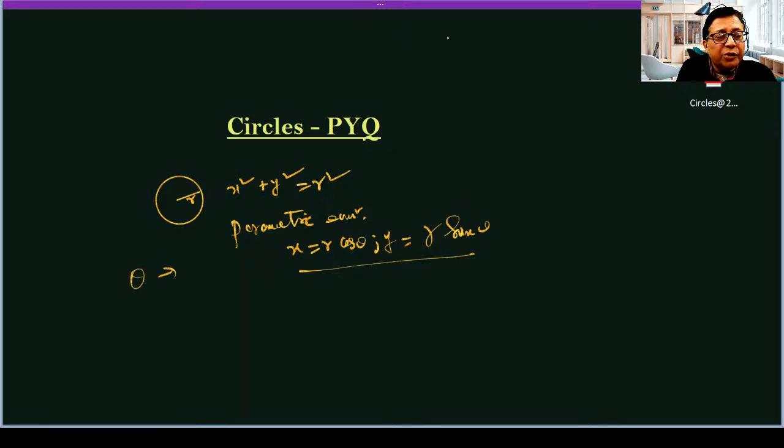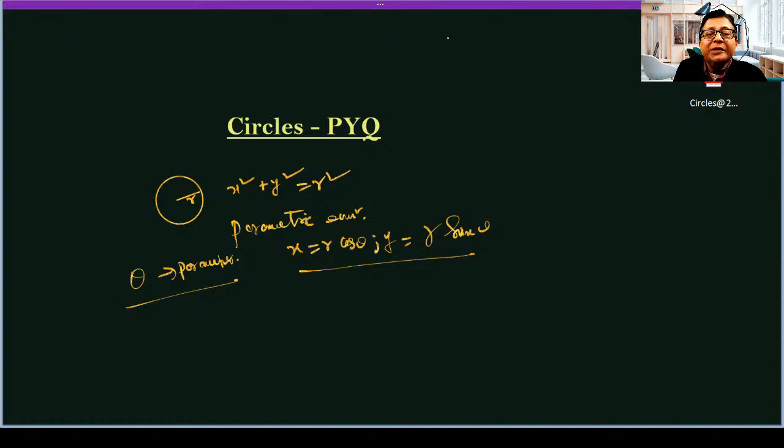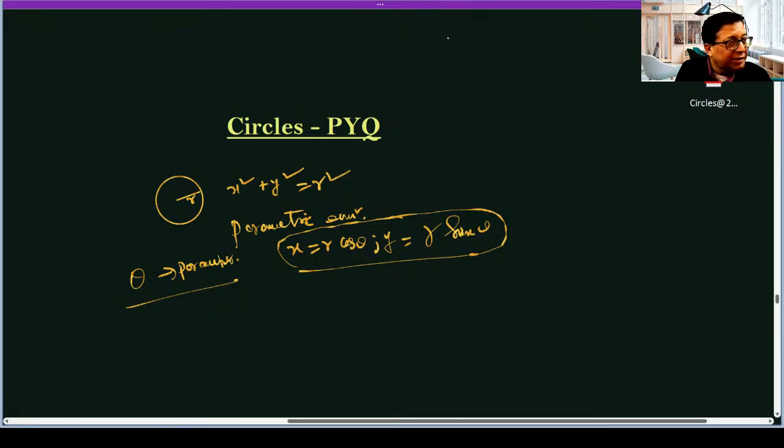This theta is called the parameter. Problems can be simplified if you are good at this substitution. So if somebody tells you this is the equation of a circle, don't be confused. You eliminate theta, and you get the required equation.